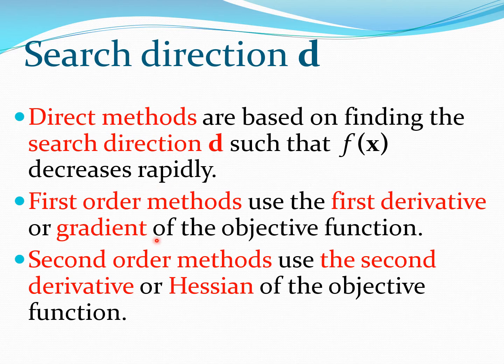The methods we are going to consider in chapter 3 are essentially those which use the first derivative of the objective function, or the gradient vector in case you have a multidimensional function, which is generally the case. In the next chapter, chapter 4, we are going to look at methods which use the second derivative of the objective function, or the Hessian matrix in the multidimensional case.